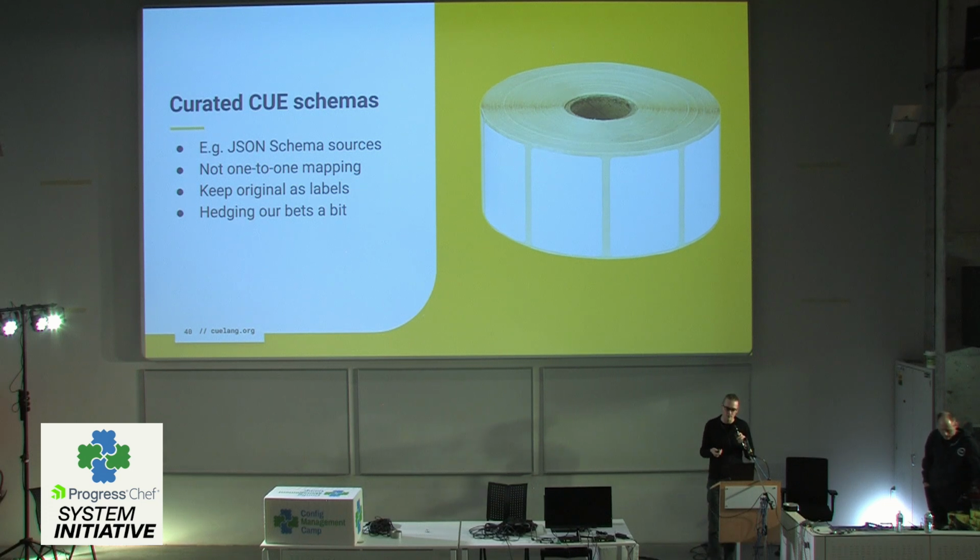So we're still looking at how to map that to CUE. It will probably not be a one-to-one mapping, but whether to map at least minor or patch, or just everything to minor, is up for grabs. What we at least want to do is be able to label the CUE versions with the original versions, so that with tooling you can track the original version.